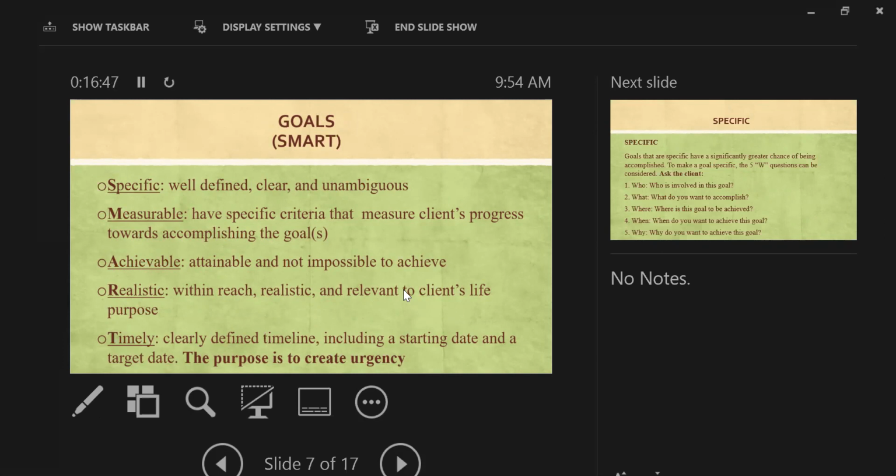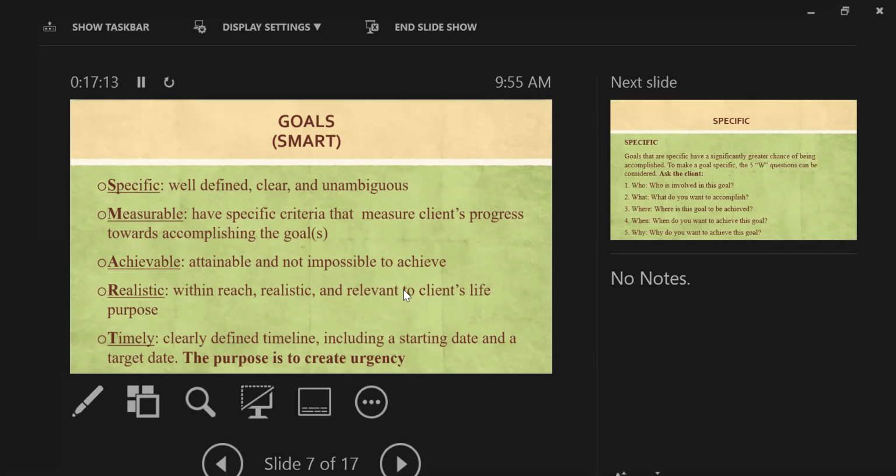Okay, so goals. There are five things to consider. First of all, that the goals are specific, well-defined, clear, and unambiguous. Number two, that the goals are measurable. We'll go over this, so not to worry. They have specific criteria that measure the client's progress toward accomplishing the goals.